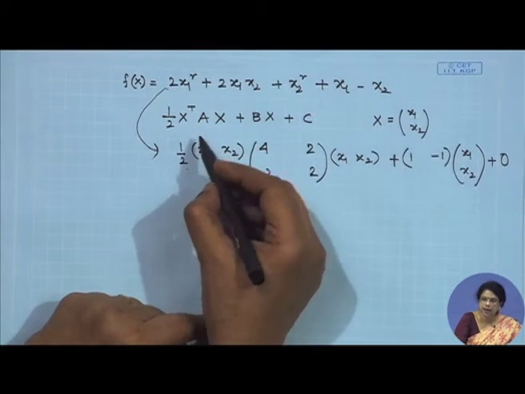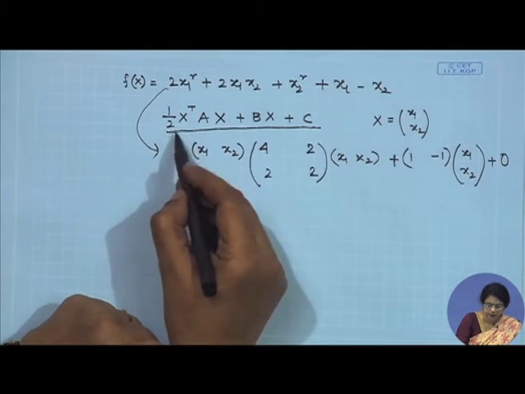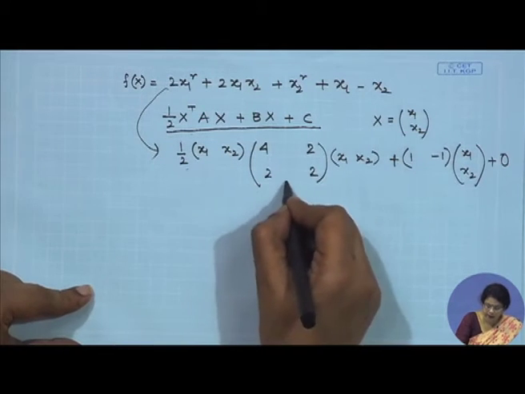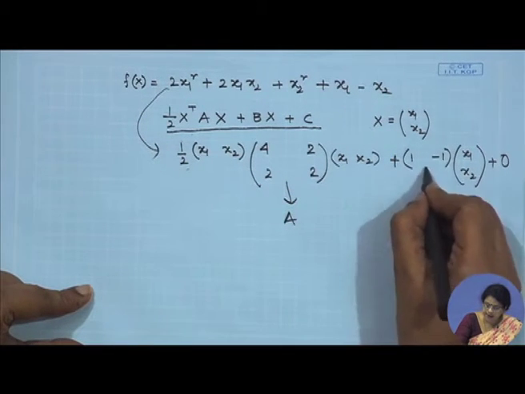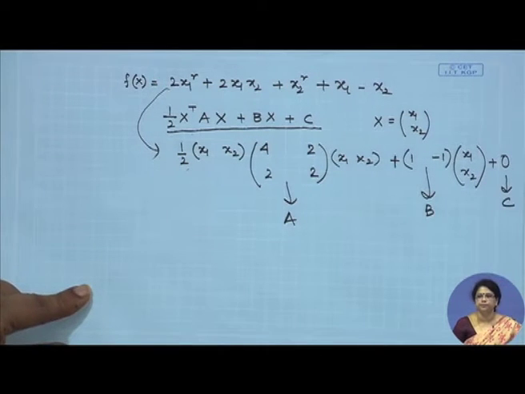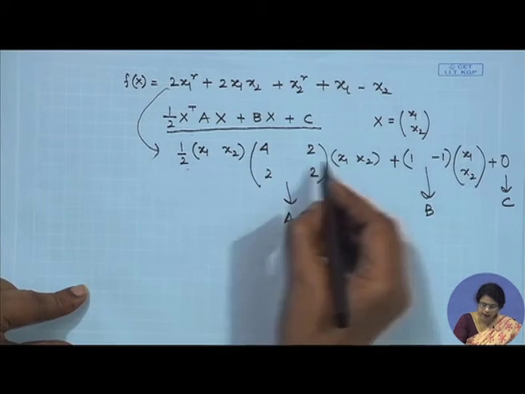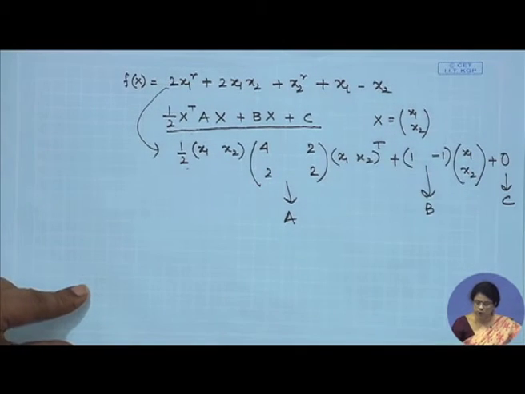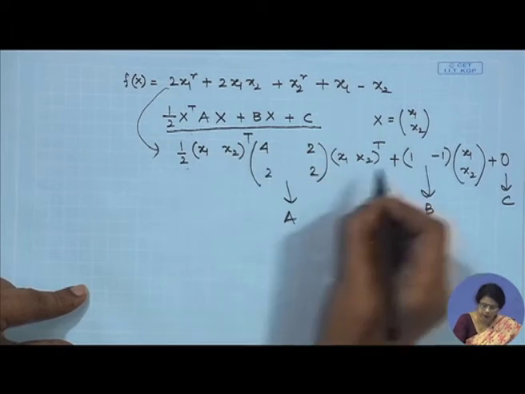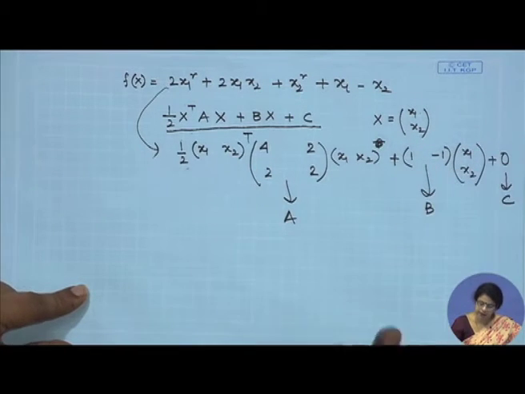That's why you see this, if I can write this function in the quadratic form, where this is my A, this is my B, this is my C. All right. This must be x1 x2 transpose. If I consider x1 x2 this way, this is transpose, that's all.